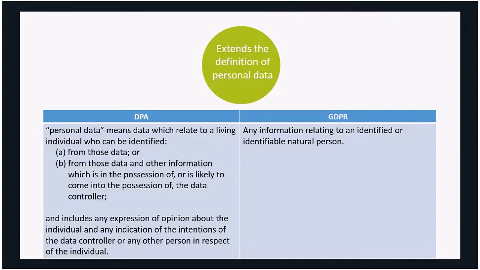So, for instance, there are many different types of cookies that will become personal data because they contain personally identifiable data. Educational establishments may wish to review their policies, such as a privacy policy, or one covering bring your own device, for instance, to ensure that these are up to date with respect to personal data.